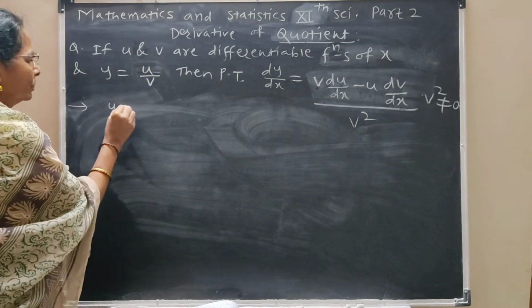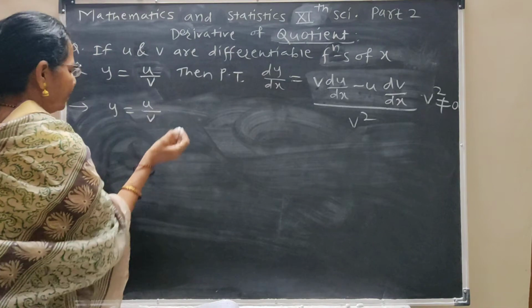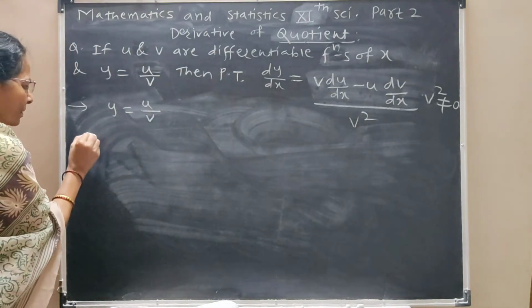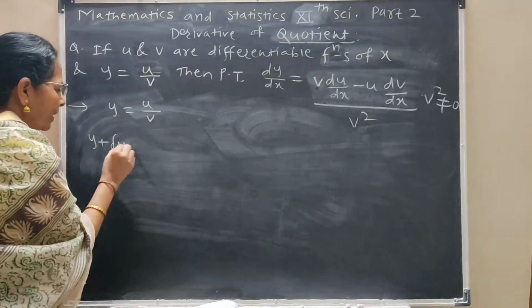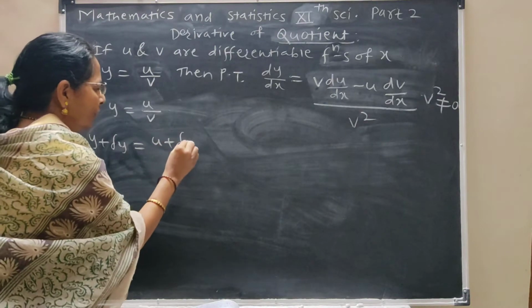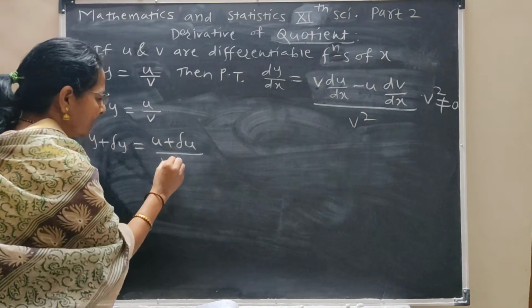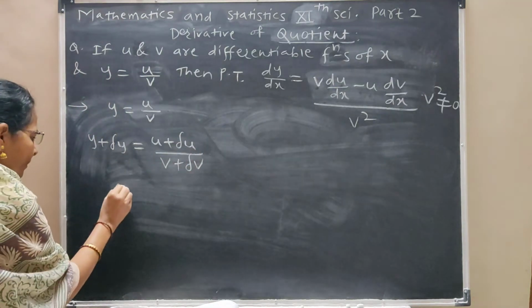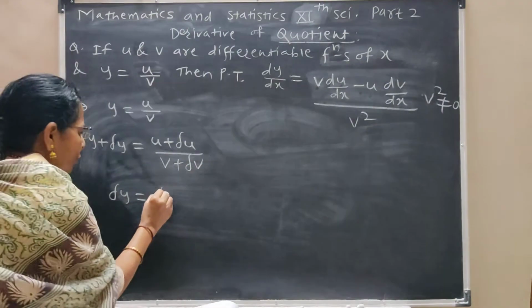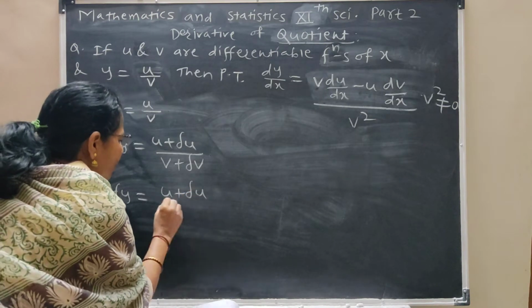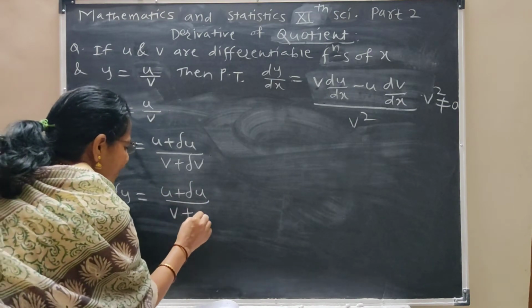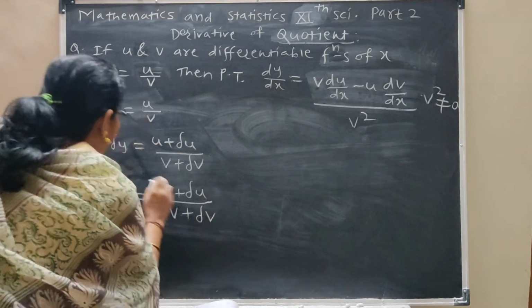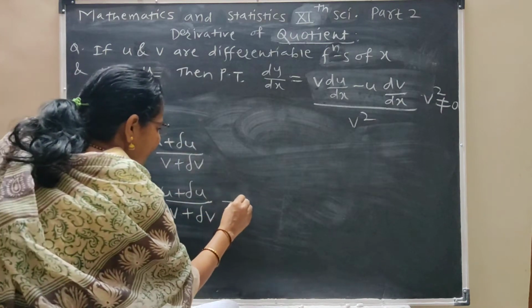y equals u upon v. Add small increments: y plus delta y, u plus delta u, v plus delta v. Delta y is equal to u plus delta u upon v plus delta v, take y to this side, minus y.